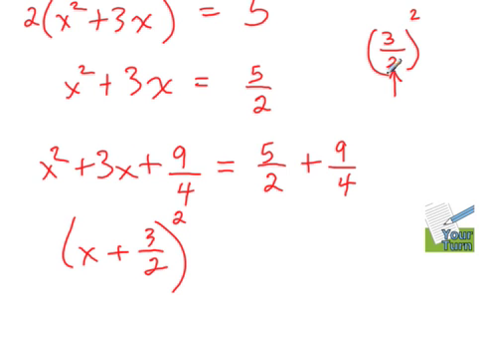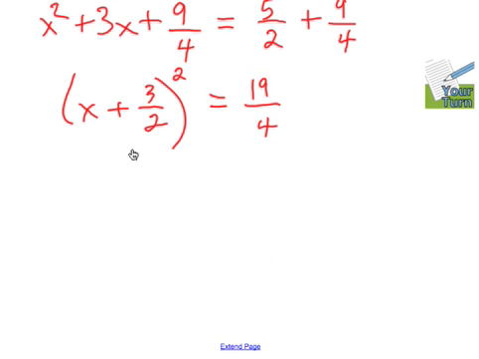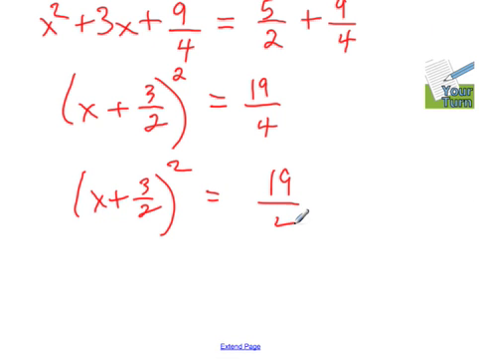Is equal to, and when we add these, this would be 10 quarters plus 9 quarters would be 19 quarters. Okay, so now in solving this equation, I'll use the principle of square roots. So I'll square root both sides. x plus 3 halves squared equals 19 over 4.